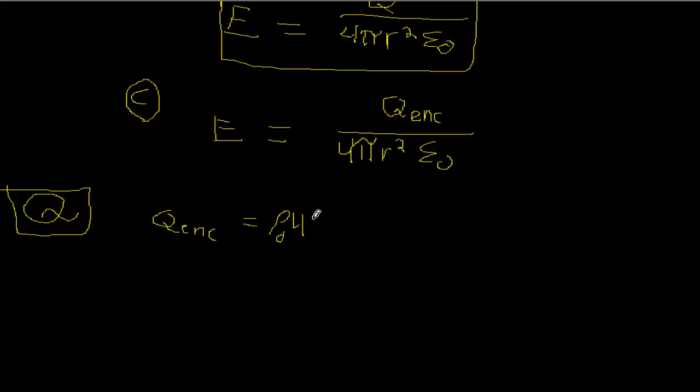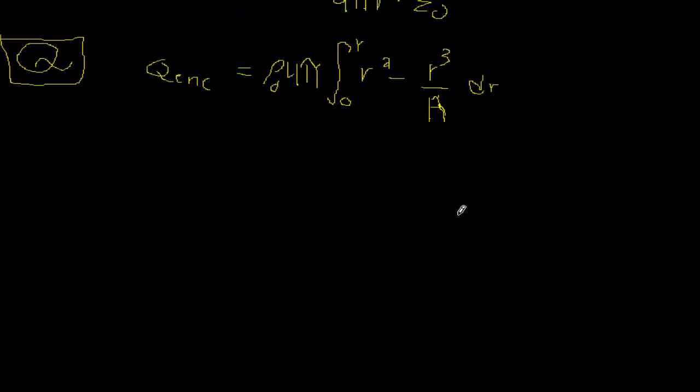Rho naught times 4 pi times the integral from 0 to little r, most important part of this, of r squared minus r cubed divided by 4, dr. Now, because this integration is similar to the one that we did in part A, and in the interest of time, I'm going to just give you the solution to this integral.